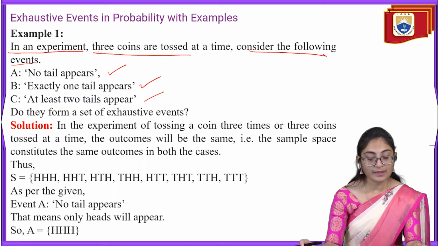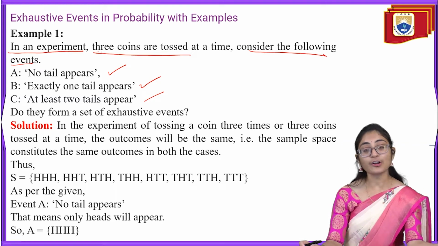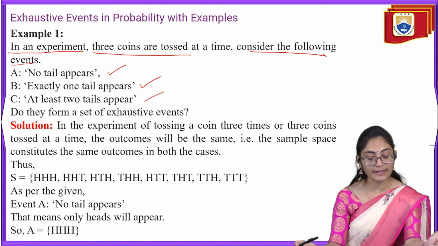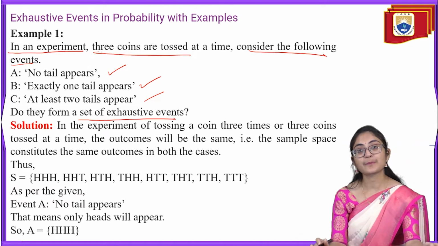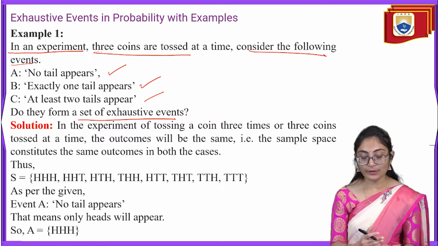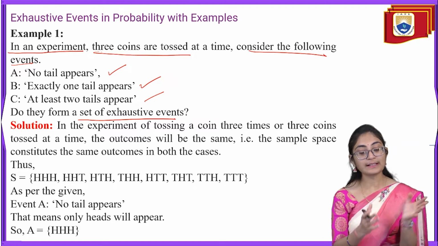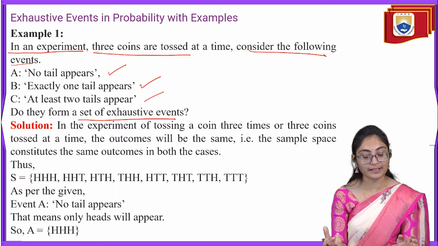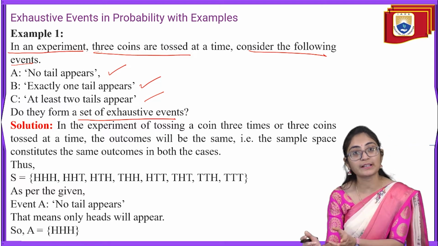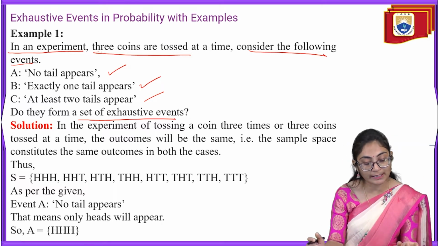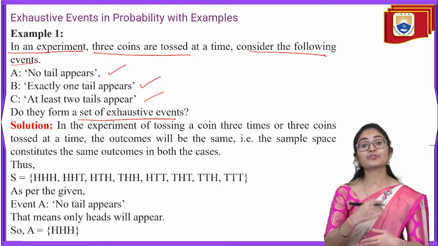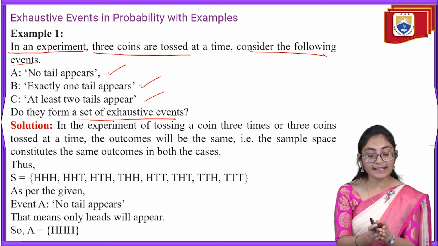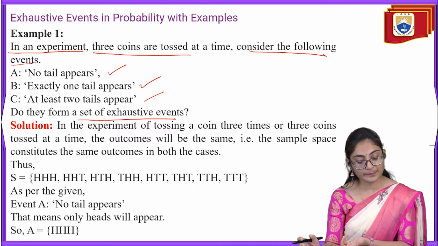That means there are 3 events, and on that basis you have to find out whether they form a set of exhaustive events.